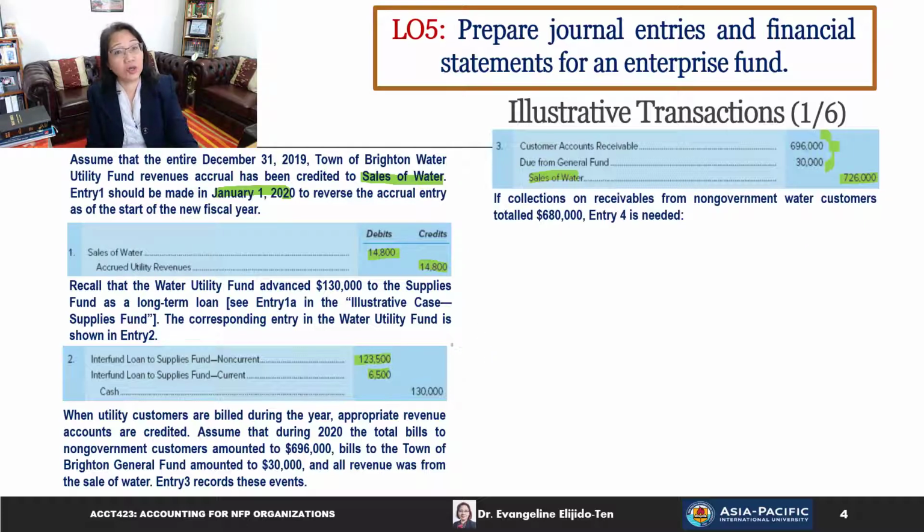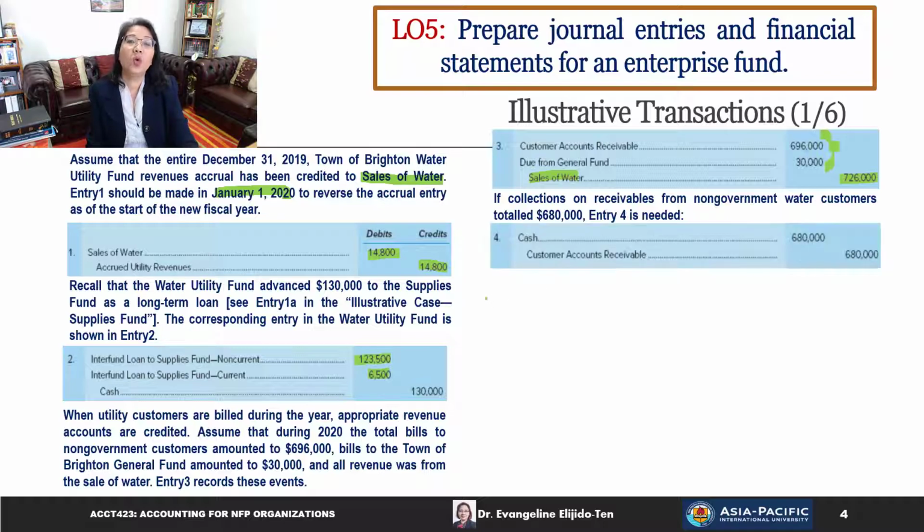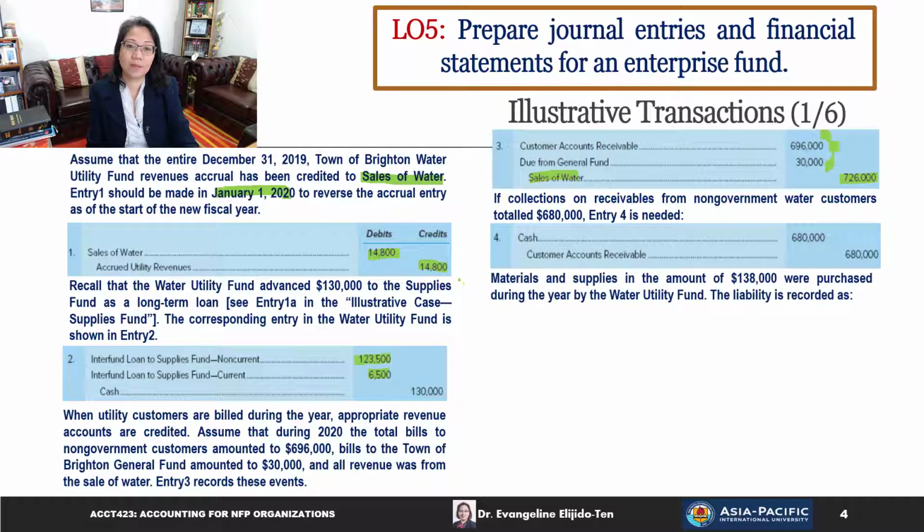If collections on receivables from non-government water customers total 680,000, then we will debit cash for 680,000 and credit customers' accounts receivable for 680,000. Now, suppose that materials and supplies in the amount of 138,000 were purchased during the year by the water utility fund.